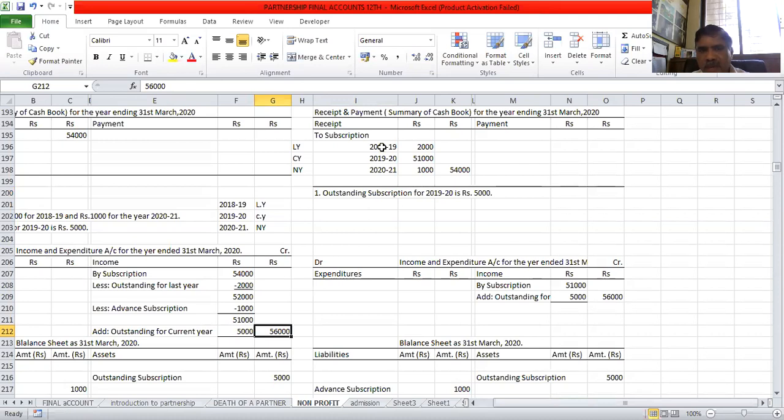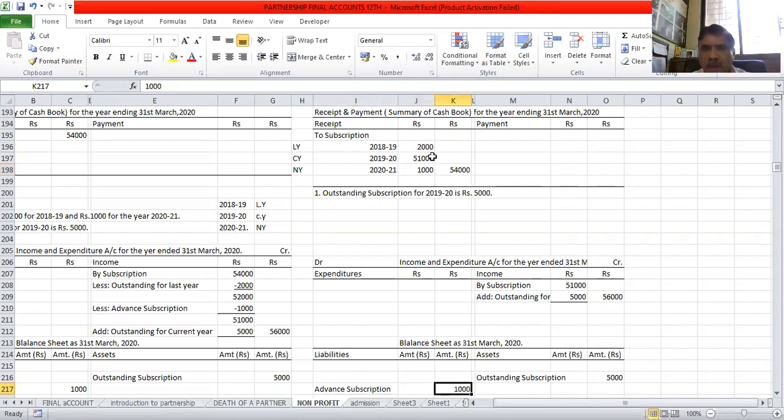The same here: 18-19 received for last year. So definitely we will not give the effect, because last year's outstanding is there in the last year balance sheet. So that will not be given again in the balance sheet because this amount is already received. And 2021, which is given for the next year, the trust has received for the next year. In the same way, the second effect goes to the liability side of the balance sheet, that is 1,000.